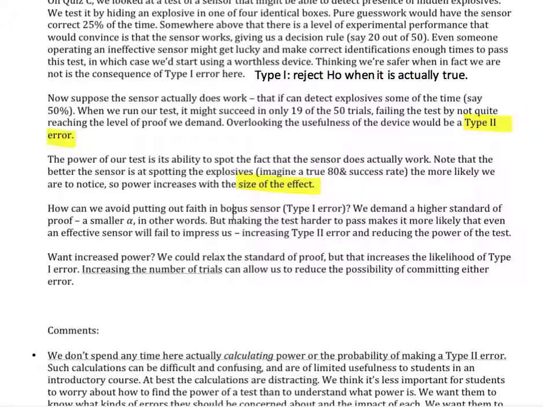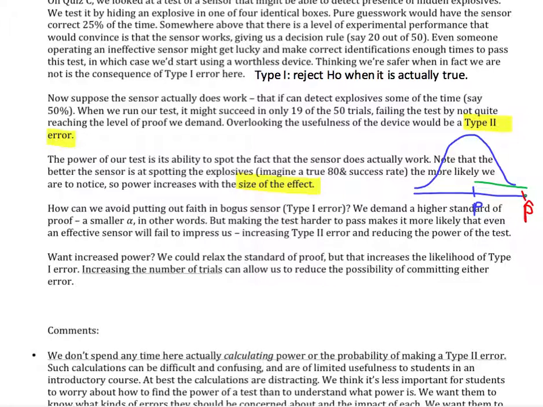So let's go back here and grab our drawing tools. So effect size is something like this, right? Here's our Z curve. So if the true thing is here, and what you measure is way up here, and they're fairly different, in other words, this distance is a large distance, then you're very likely to see that they are in fact different, because the p-value produced will be pretty small.